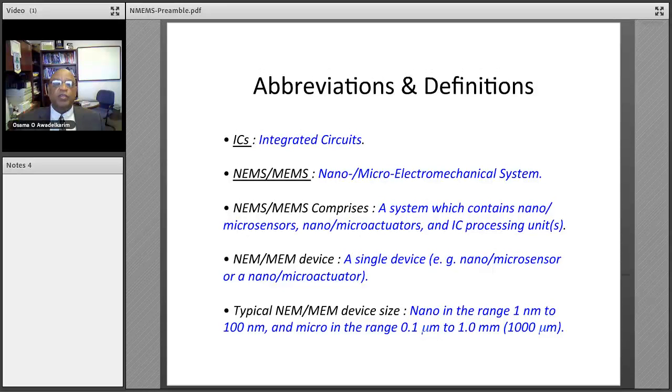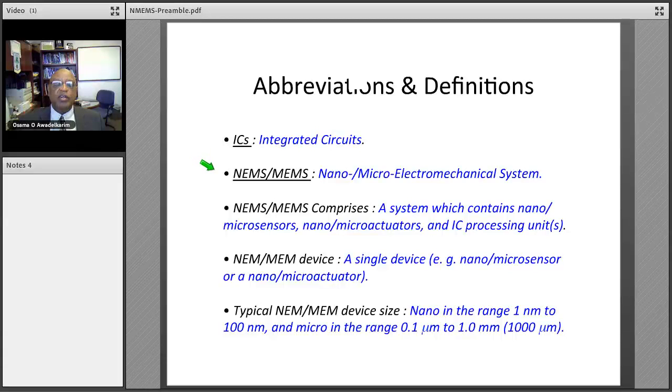First, we start with the abbreviation, or the term that I will use very often, ICs. That stands for integrated circuits. And the material that I'll be teaching in this course also has some kind of relationship to integrated circuits. So we will hear the word integrated circuits very often in this course.